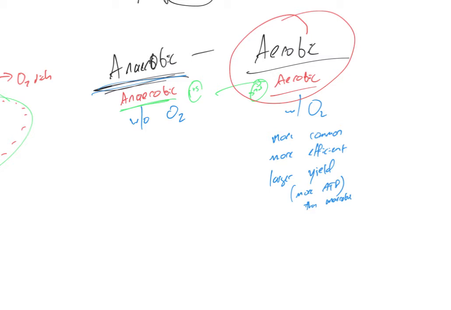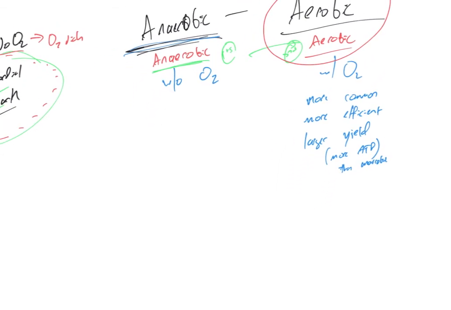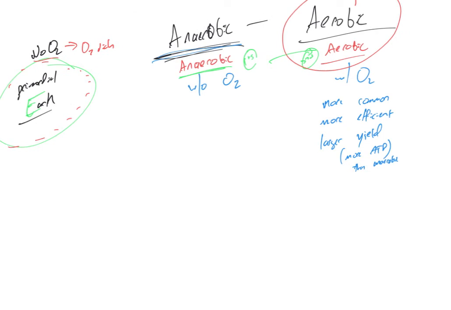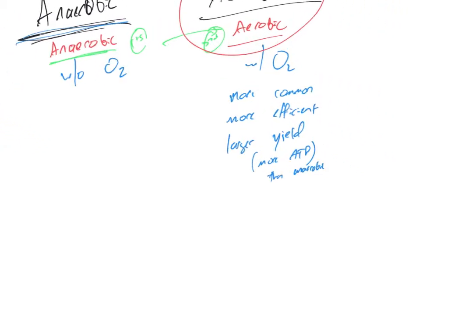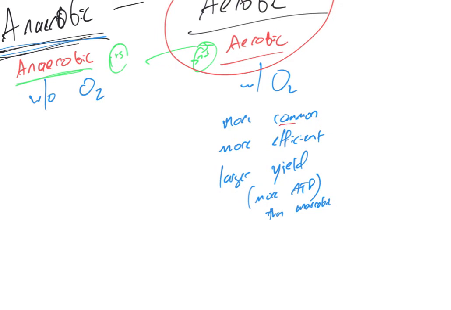Anaerobic, all you have to really know is the word equations. Aerobic is more common, more efficient, has a larger yield, and comes from glucose.